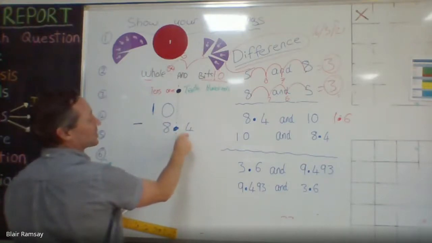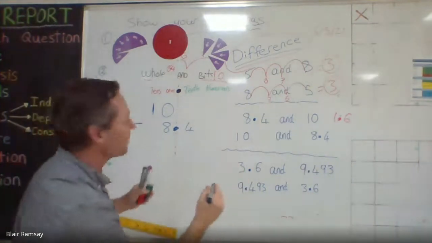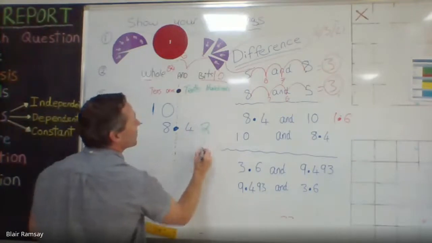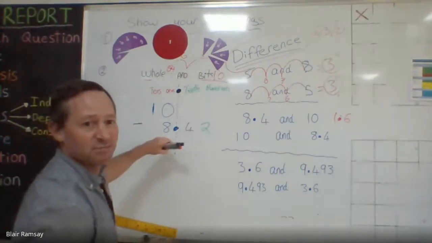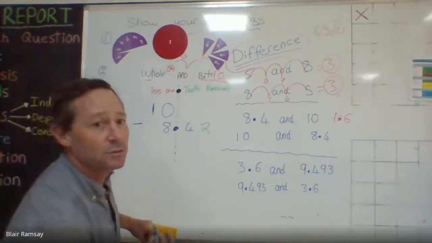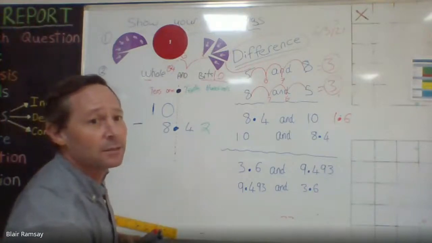Just for an example, if I had 8.42, how many digits are after the decimal point in this case? Wait, after the decimal point? Yeah, how many digits are after the decimal point?